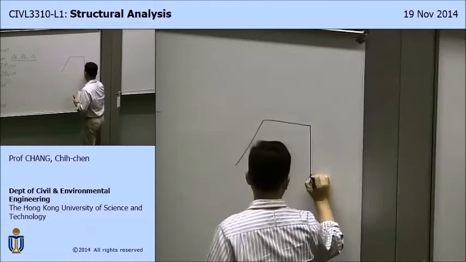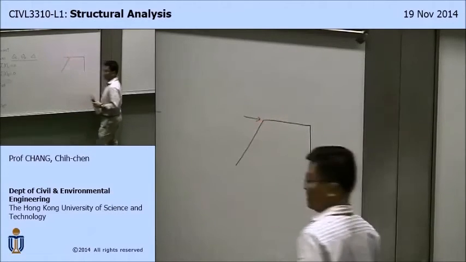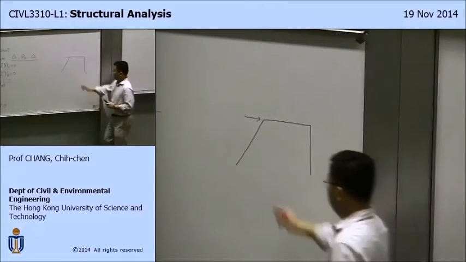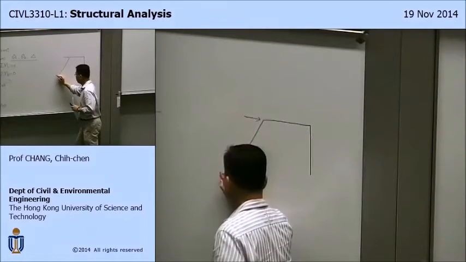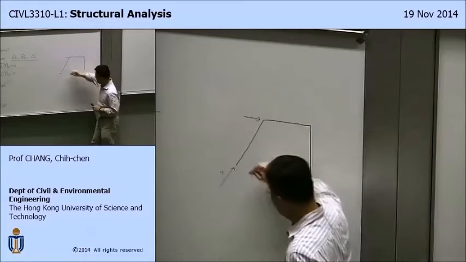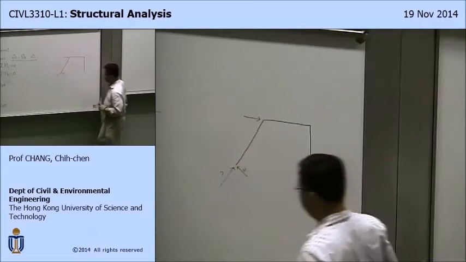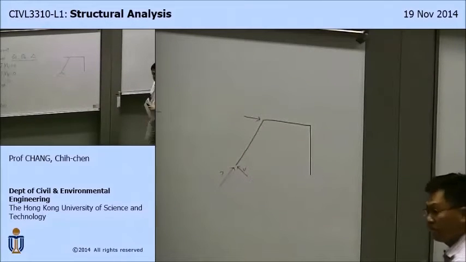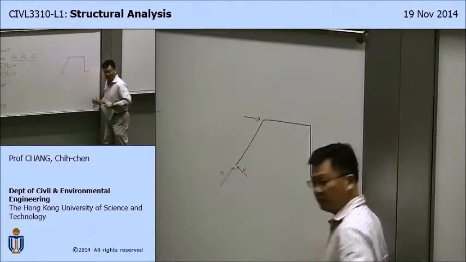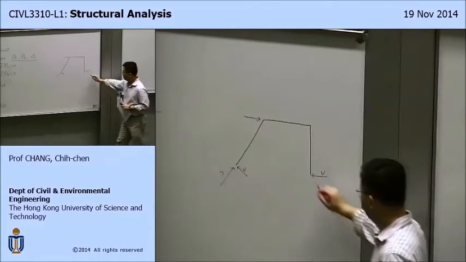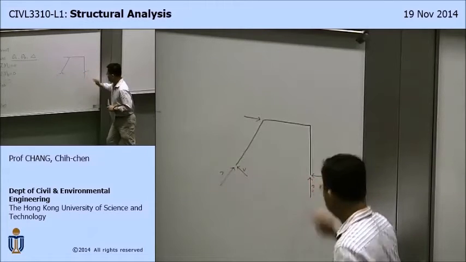So just imagine now I have a force applied externally. On this leg, I have this force, which is not known. I don't know. Perpendicular, I have a way to find out. Vertical, I don't know.